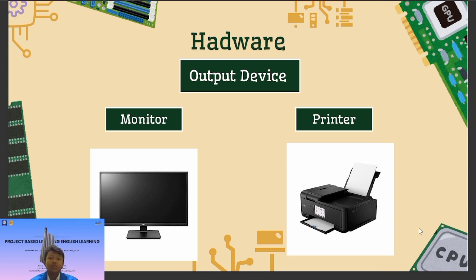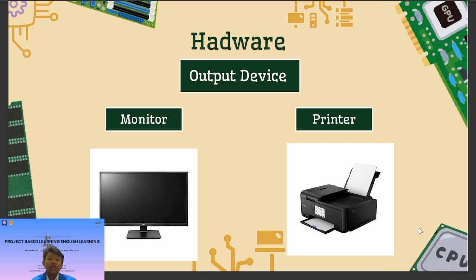Okay, let's move on to the next slide, namely output device. Here we'll just take two, namely the monitor and printer. Why is the monitor included in the output device? Because the monitor functions to display visuals such as images, text and video, which are processed by the computer and become a visual bridge between the user and computer system.